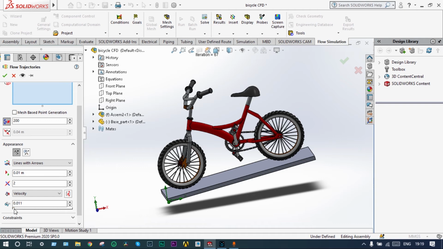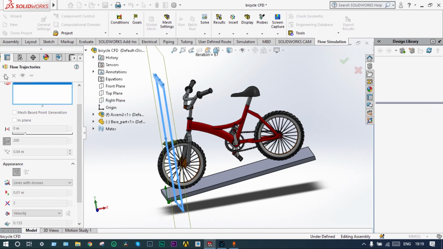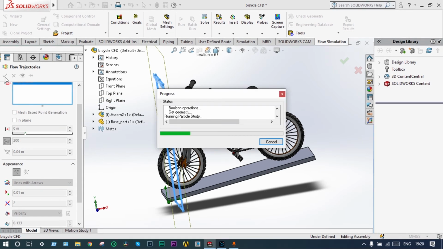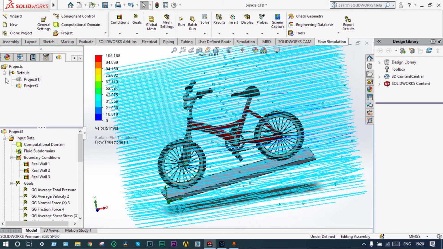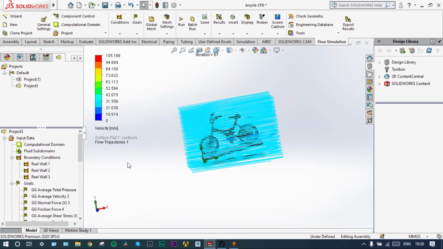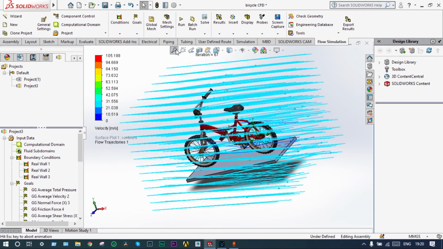Let's increase the visibility a little bit. Now across some plane we want to see these things. Let's take the plane as the right plane. Green check. Still it is going on. It will take some time based on PC capabilities. That is done. Now you can see it in the form of an animation, right?